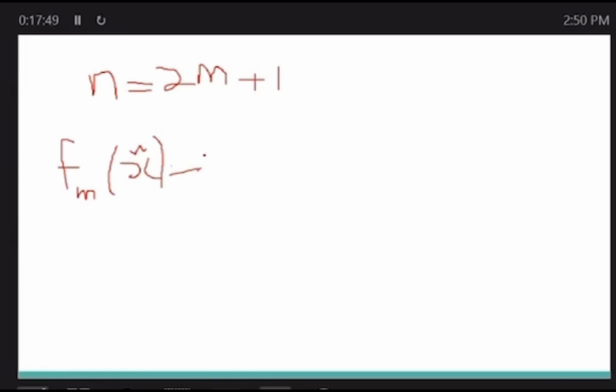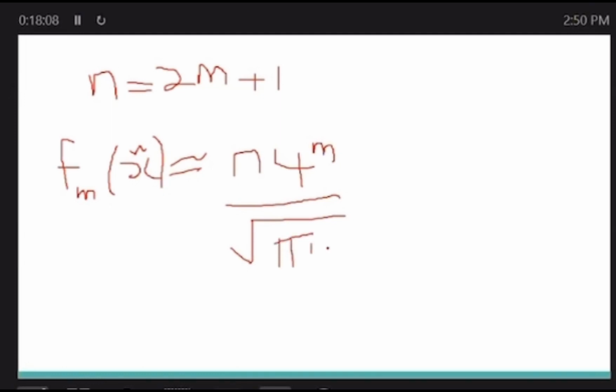That is going to be approximately 4 raised to the power n divided by square root of pi m, then I'm going to have a capital F of x, the capital F of x that we call the CDF, with m as a subscript, then multiplied by 1 minus the capital F.